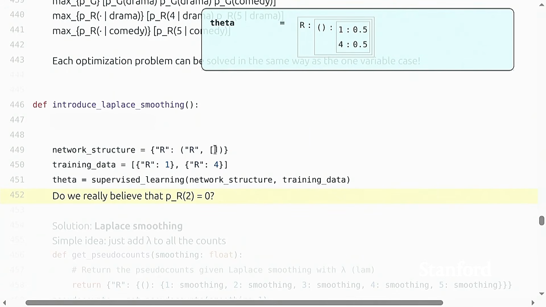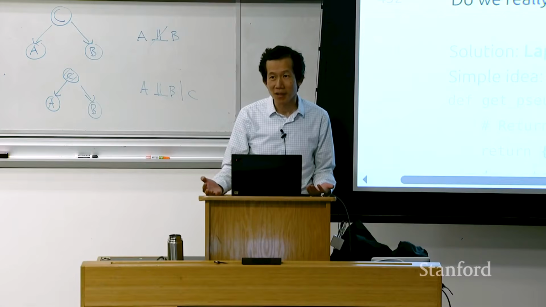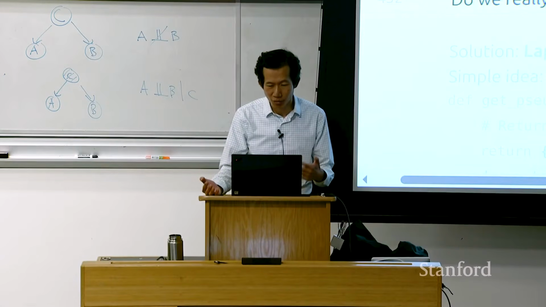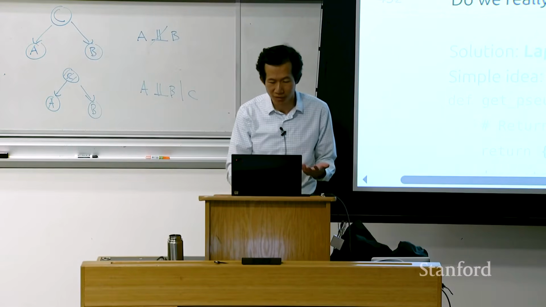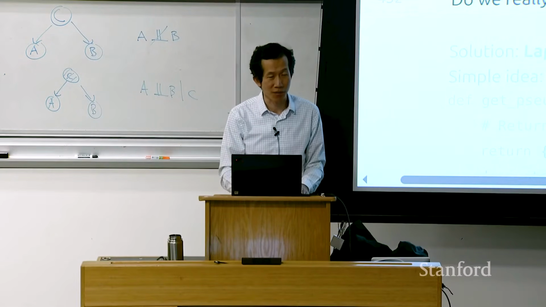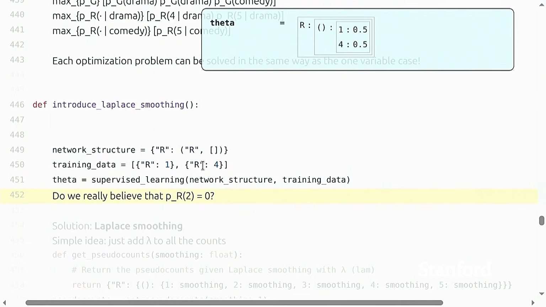It's probably just because you didn't have enough points rather than it actually being true that the probability of 2 is impossible for some reason. So this is not a very good estimate if you have few samples. If you have a lot of samples, it's probably fine, but with few samples, maximum likelihood is overfitting to this data.